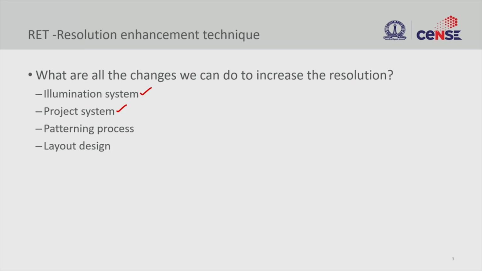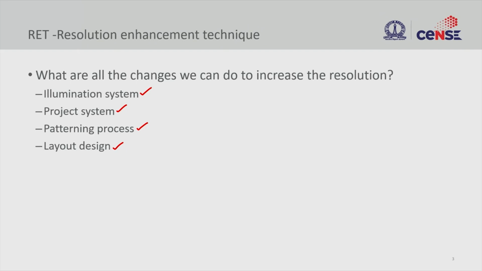The next thing is processing technology, meaning the resist that we use and how we process the resist. And finally the layout design itself: can we do something to the design that will make some changes? So these are all the places where you could make an improvement in resolution.